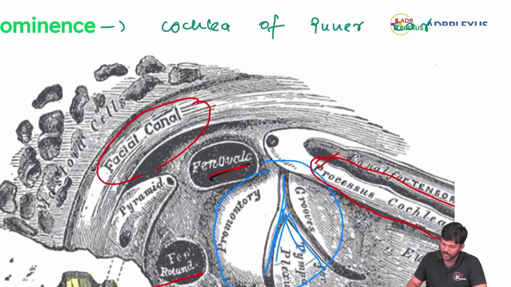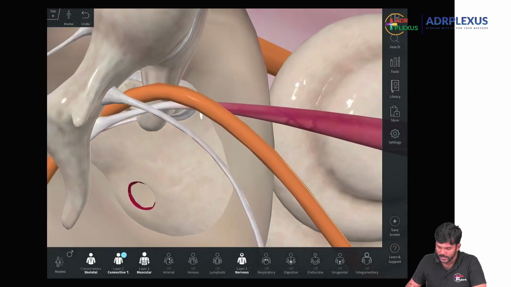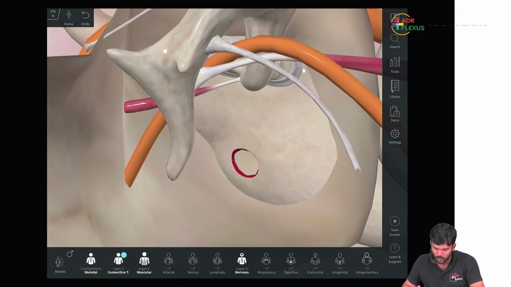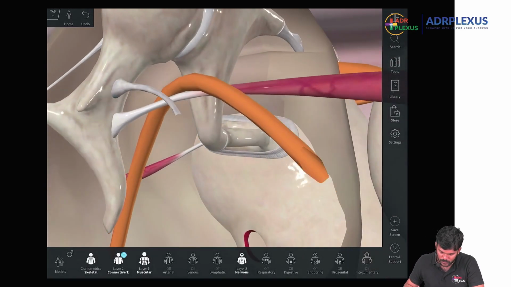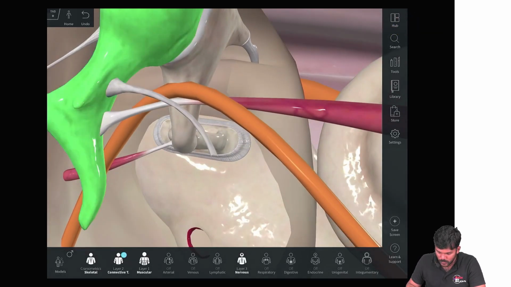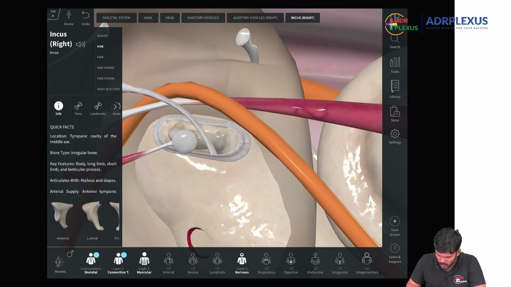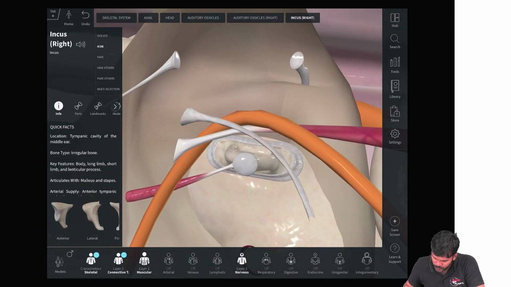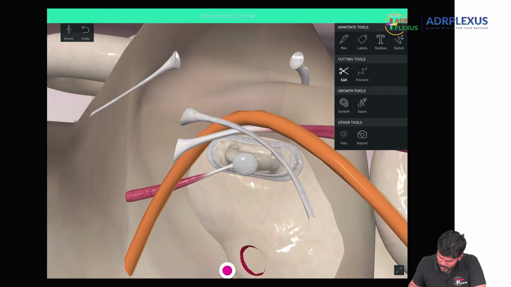Another structure is, you just look into this three-dimensional picture. See here, if this is the medial wall of the middle ear which I am talking about, now this is the facial canal which I am talking about.